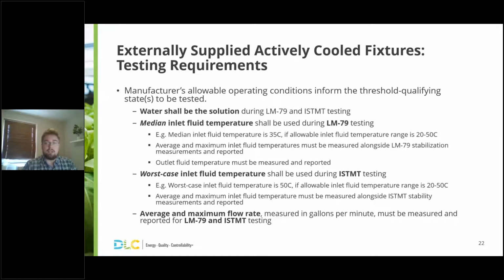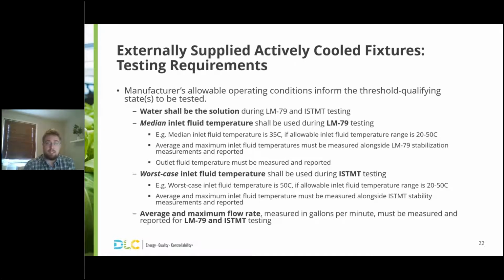Additionally, for ISTMT testing, the worst case inlet fluid temperature should be used. So in the example above, the worst case inlet fluid temperature would now be 50 degrees Celsius, and the average and maximum inlet fluid temps must be measured alongside the ISTMT stability measurements at this point.